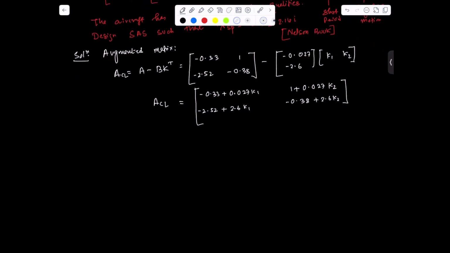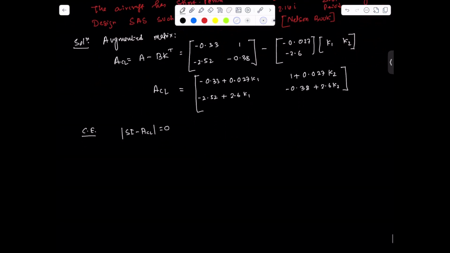Now we can find the characteristic equation of the closed loop system. We can write the determinant of sI minus A_CL equal to 0.